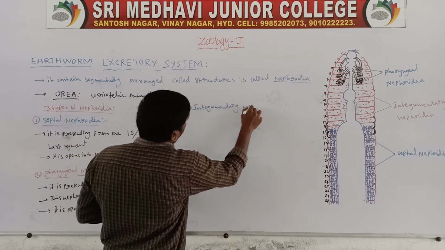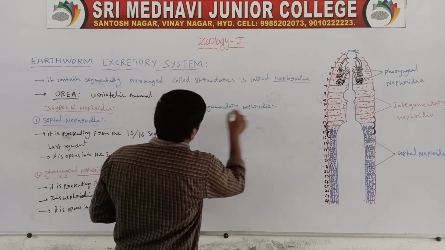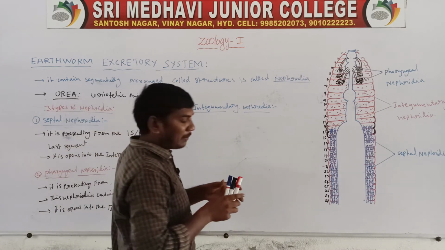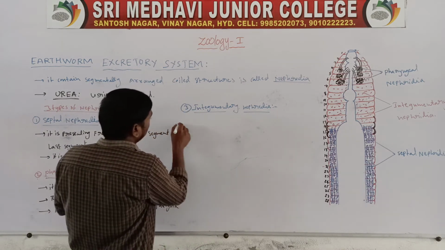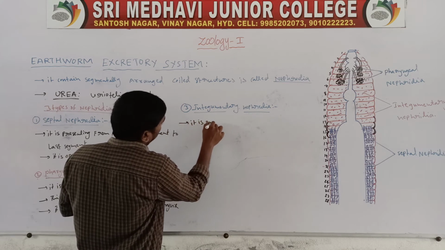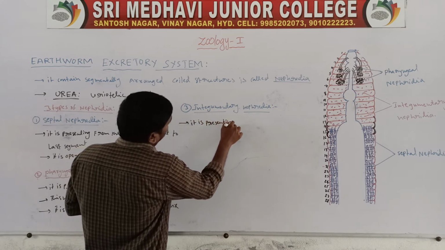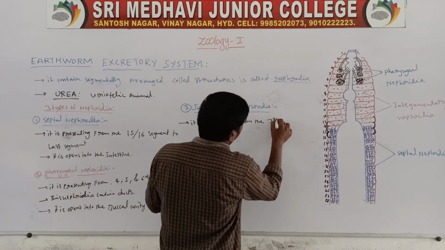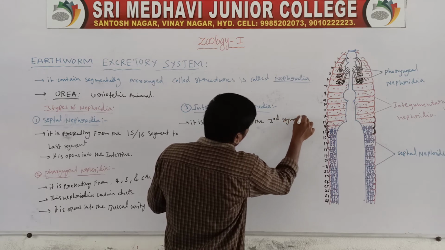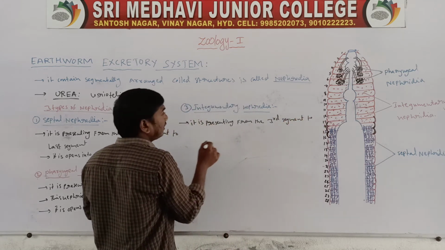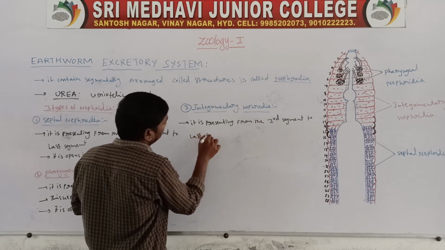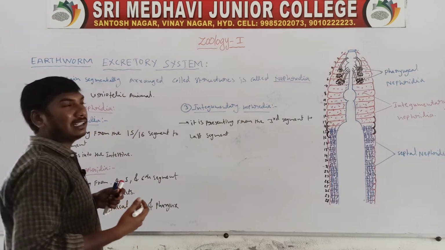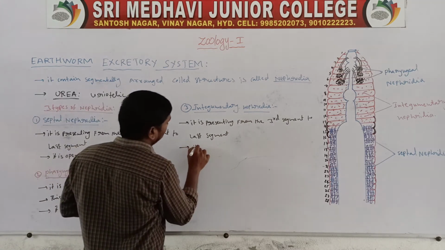The integumentary nephridia are present from the third segment to the last segment. They are present on the body wall.